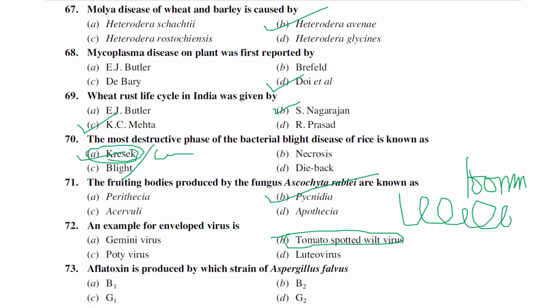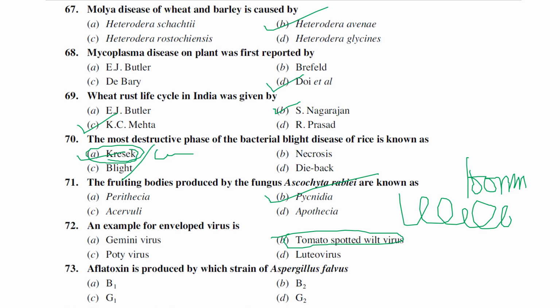Wound tumor virus is generally called the longest virus, even though it's 70 nanometer. But there might be a reason why people are not calling this the longest virus, probably because of this enveloped nature. But when it comes to the example, which of the following is an example of enveloped virus, that is tomato spotted wilt virus only.